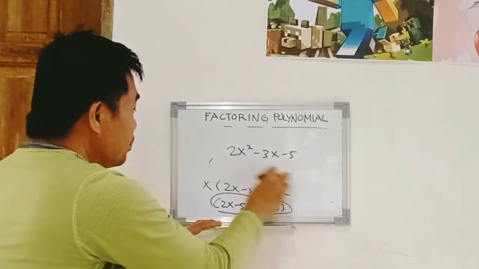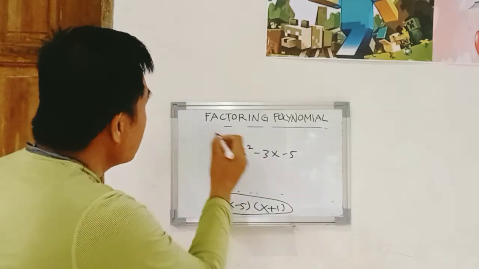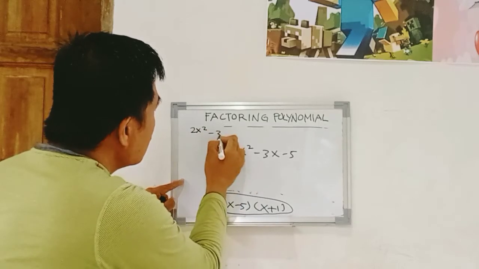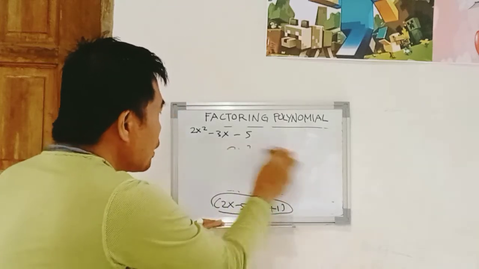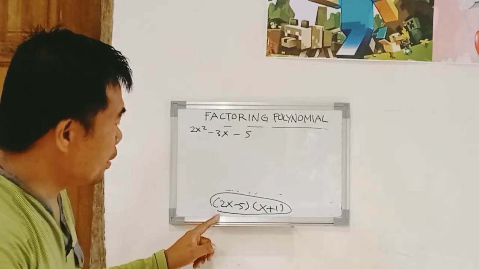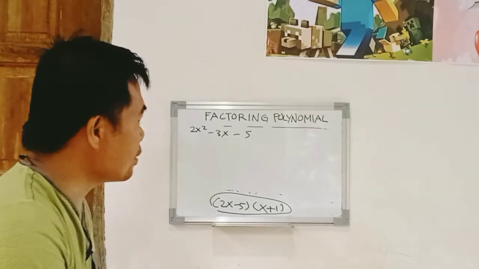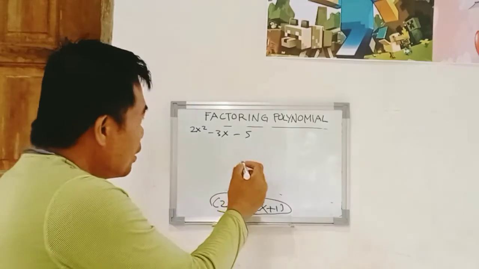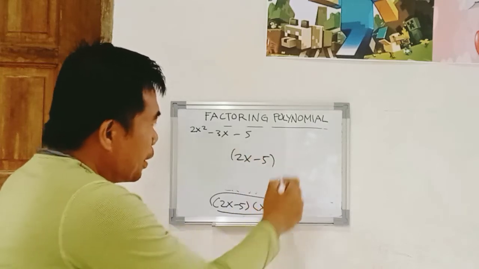So we will check. So how to check? We check our answer by multiplying the two factors, which are 2x minus 5 and x plus 1.